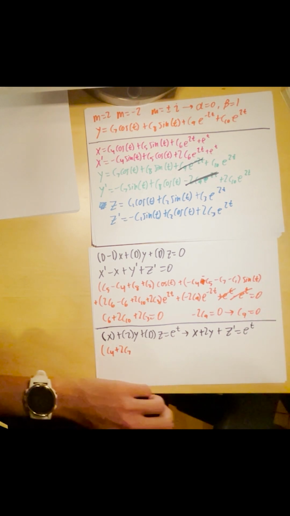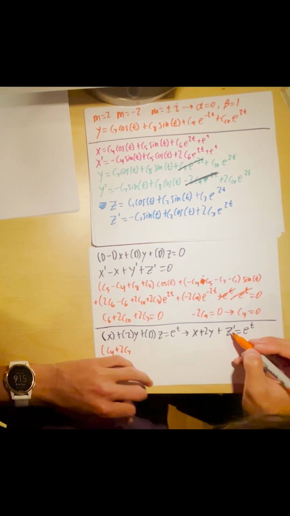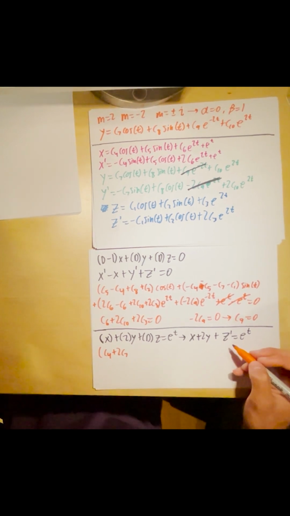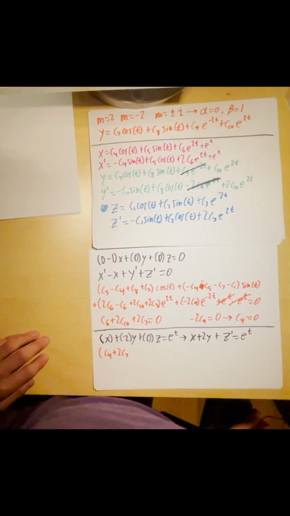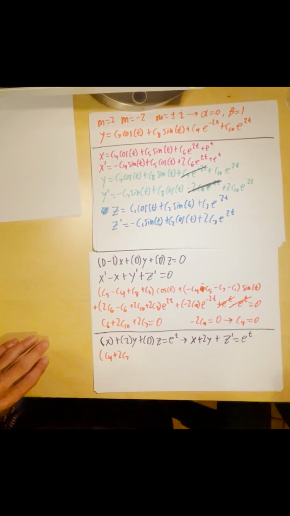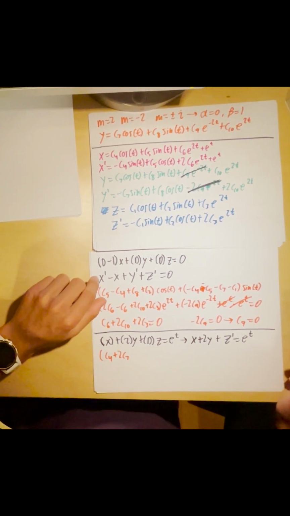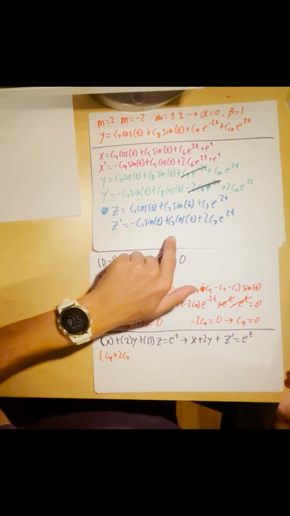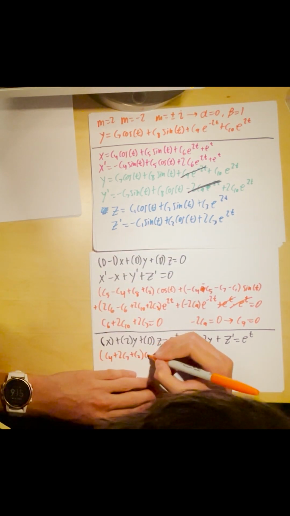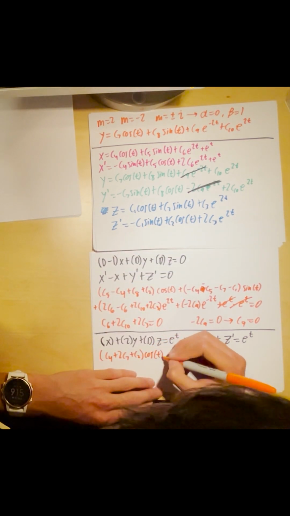It's a little easier to see now. Z prime's cosine of t term is c2. So those are all in front of cosine.